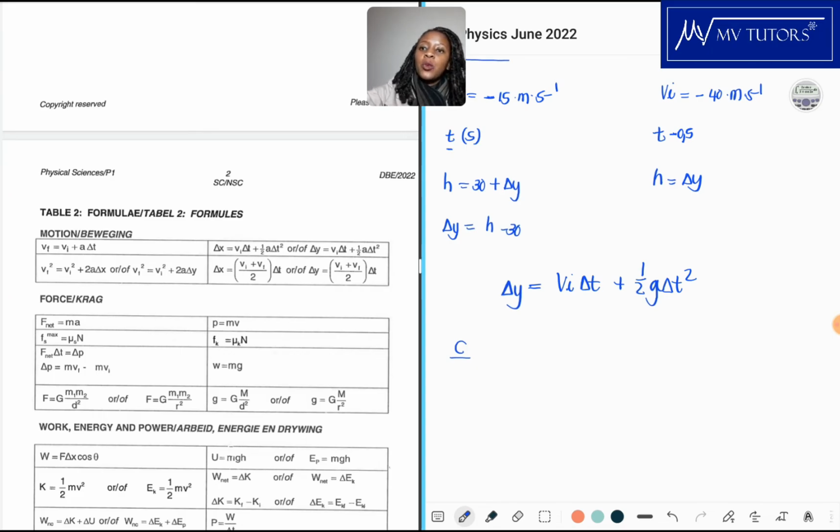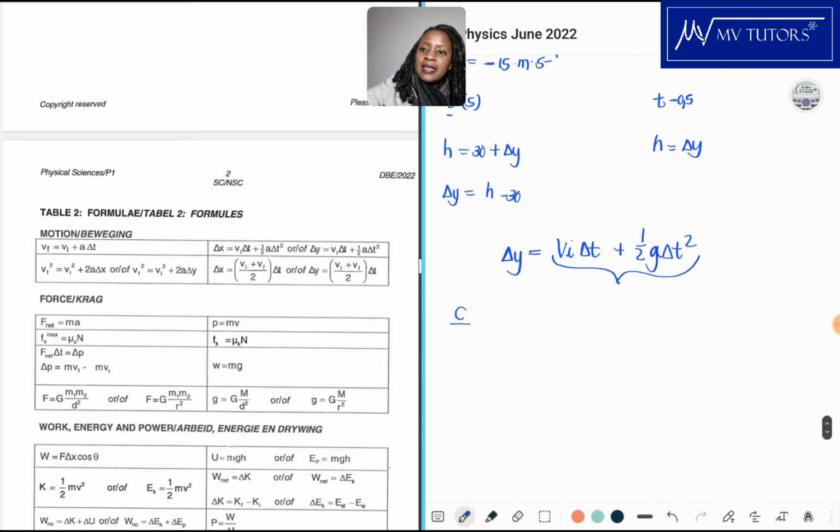And what is that h? This would be the h. So I have delta y equal to initial velocity times t. Actually, let me just plug in the values. I know that the initial velocity is negative 15 times t plus half of 9,8, which is 4,9 t squared. This is my first equation.